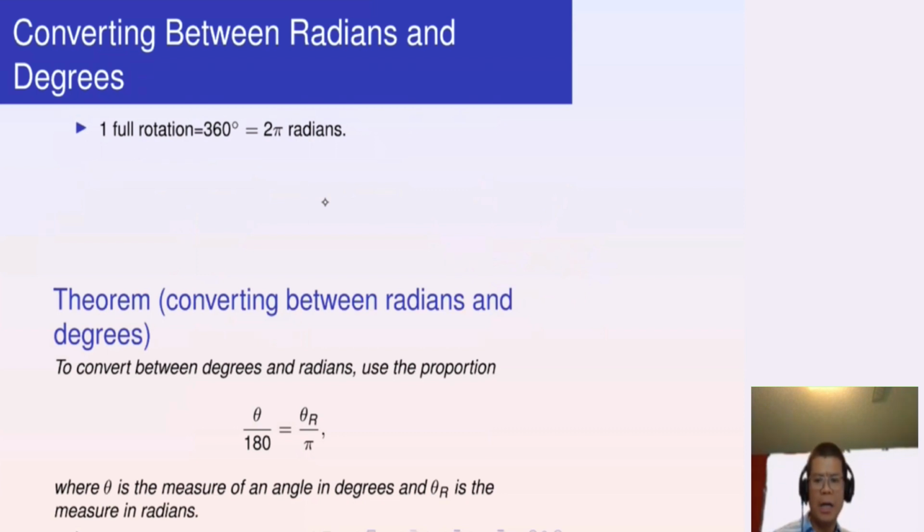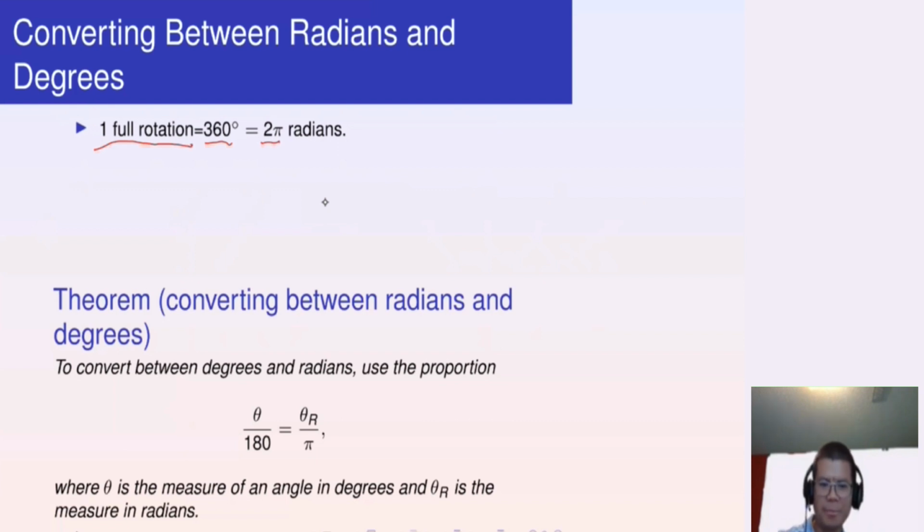All right, now as you can see, we have two measures or two units. One is in degrees, another is in radians. Now it comes naturally, how can we convert between radians and degrees? As we know, a full rotation is 360 degrees, which is also what? 2 pi radians.